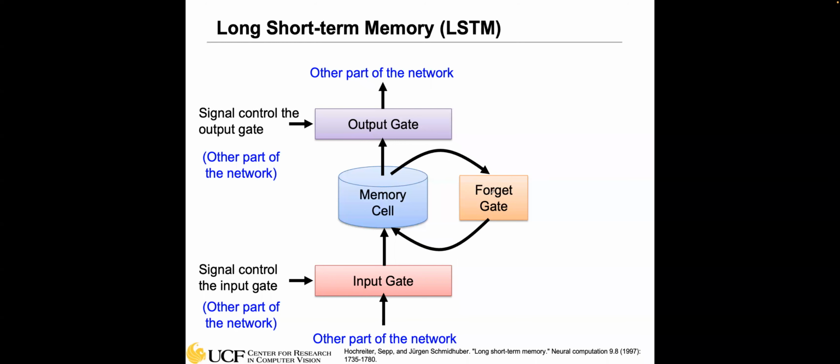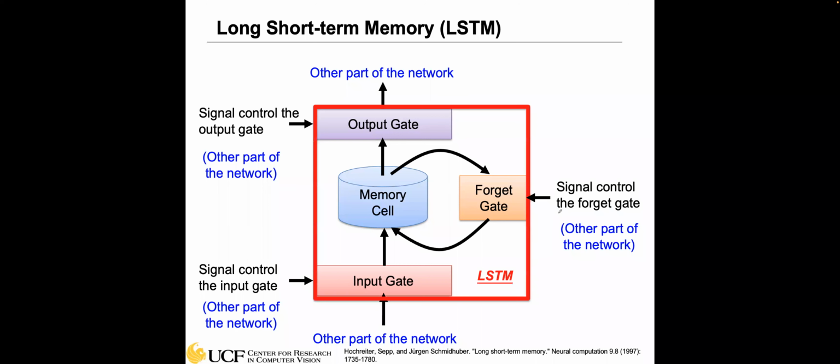There's also a forget gate, so you can forget some of the memory you store in the memory cell. And each of these gates will be controlled by another part of the network, maybe another LSTM module or unit connected to here. So these input signals will control these different gates.